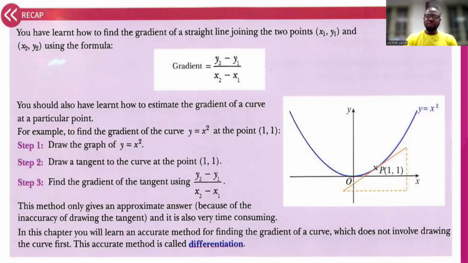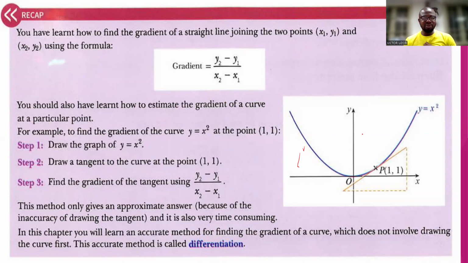Now, quickly, we know that differentiation is used to find the gradient of a curve at a point. When you want to find the gradient of a straight line, it's change in y over change in x. So differentiation is used to find the gradient of a curve.